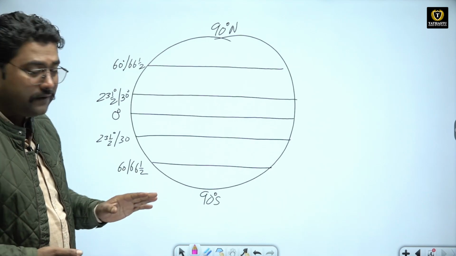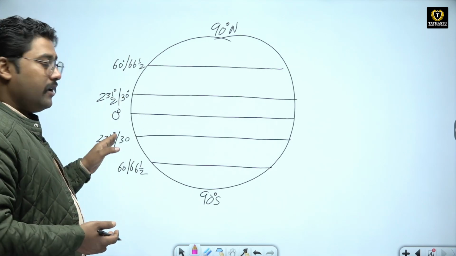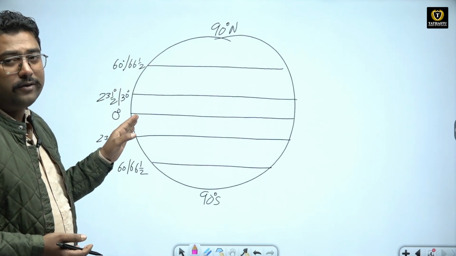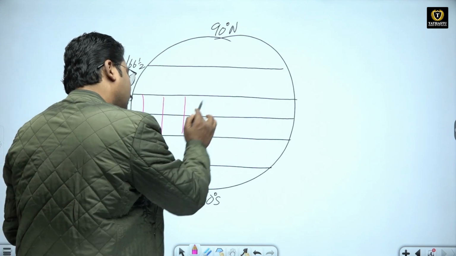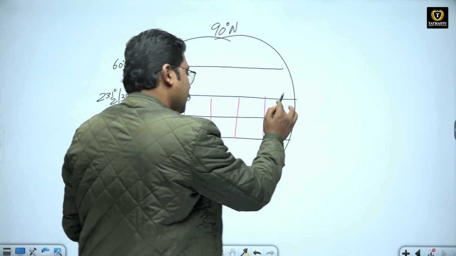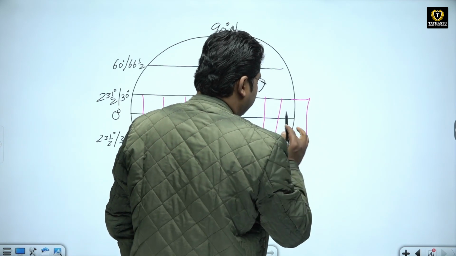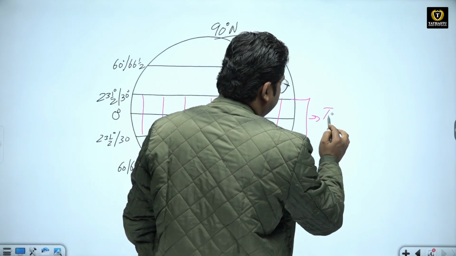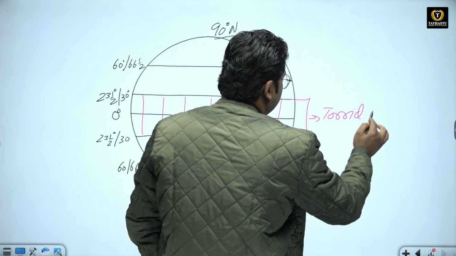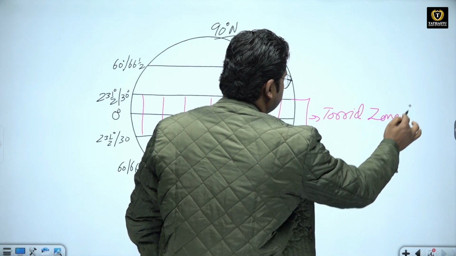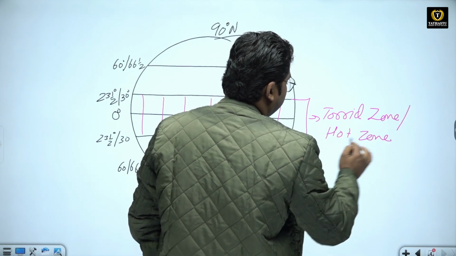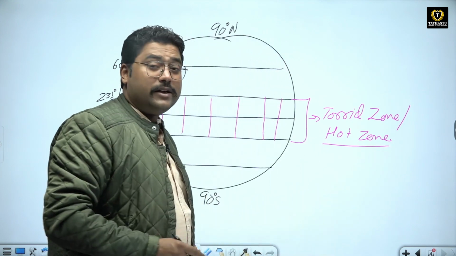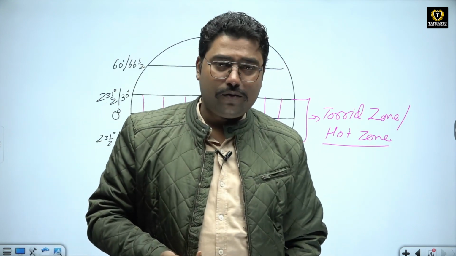No need to get confused, and in the exam you can write any one in the diagram. Till 30 degree north and south, the sun rays are vertical in nature, due to which it is considered as torrid zone, means hot zone, heat surplus zone, in which India lies, as we all know.